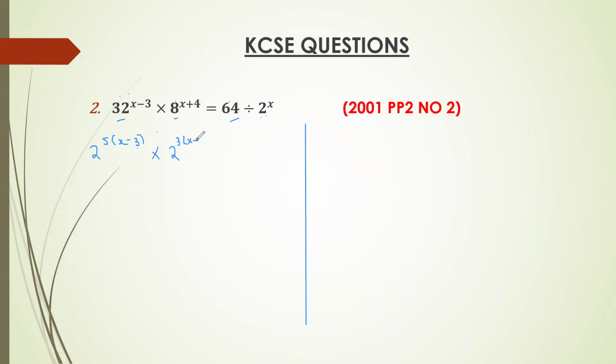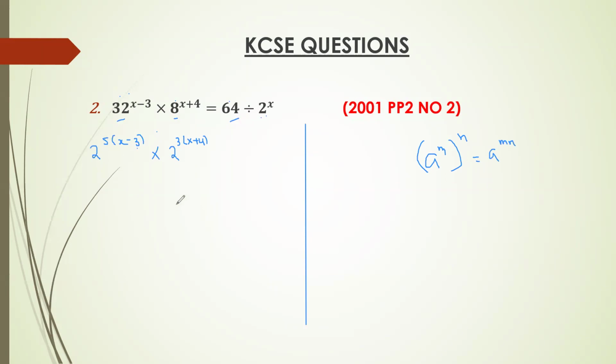So kuna power mbili. Tayari na multiply, because I know that if you have 2 powers, what do you do? Multiply the 2 powers. So itakuwa m times n.